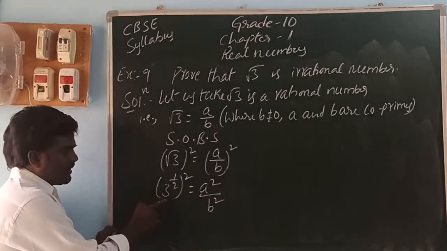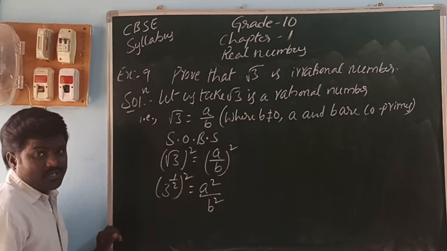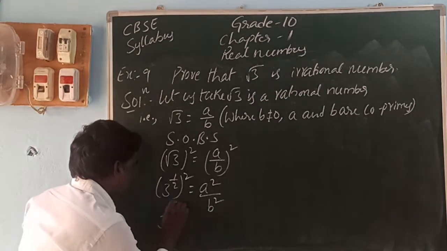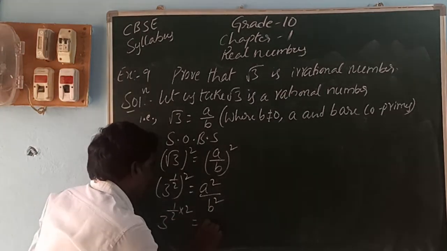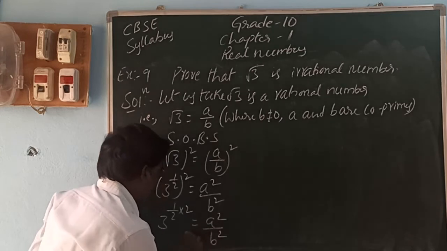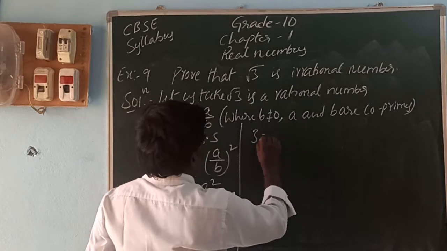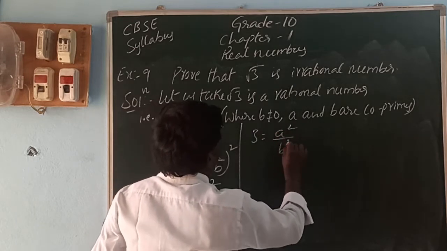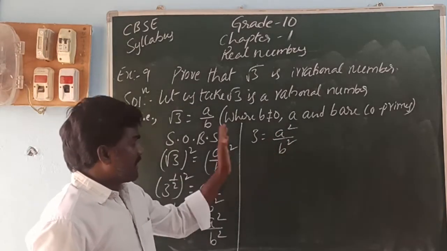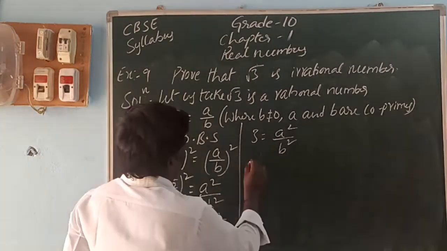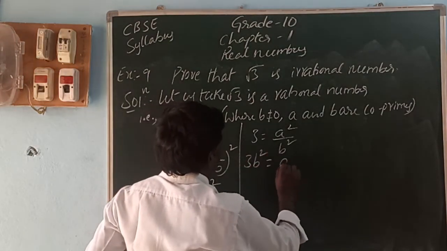Here we can use the formula (a power m) whole power n is equal to a power mn. So that is 3 power (1 by 2 into 2) is equal to a square by b square. The 2s cancel. So what remains? 3 is equal to a square by b square. b square divided comes to multiple. So that is 3b square is equal to a square.